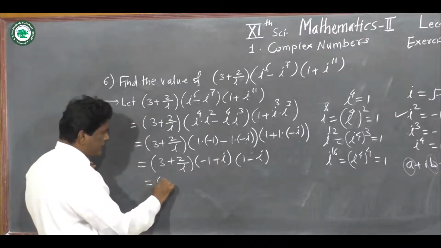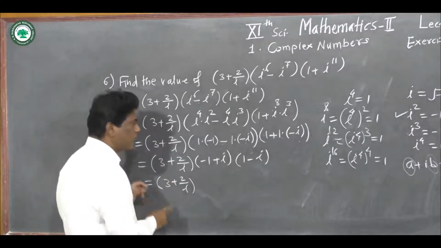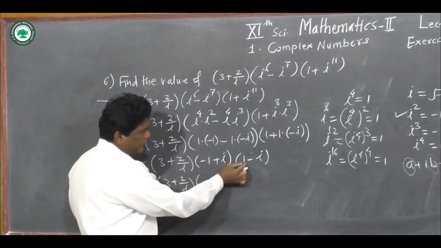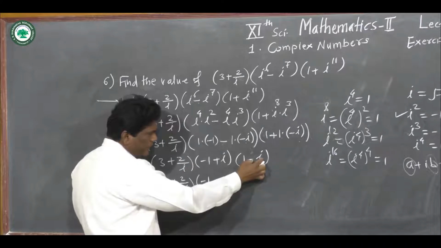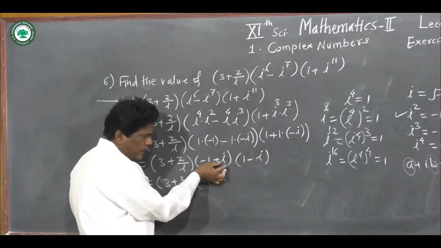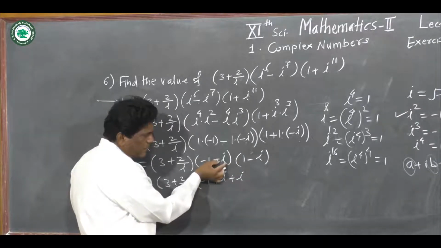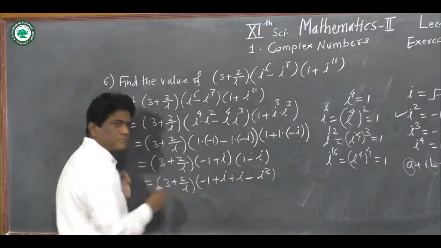Now we take the multiplication of these two brackets. So we get 3 plus 2 upon i, into this minus 1 into 1, that is minus 1, minus 1 into minus i, that is plus i. Now multiply by i into 1 plus i, and plus i into minus i, that is minus i squared.